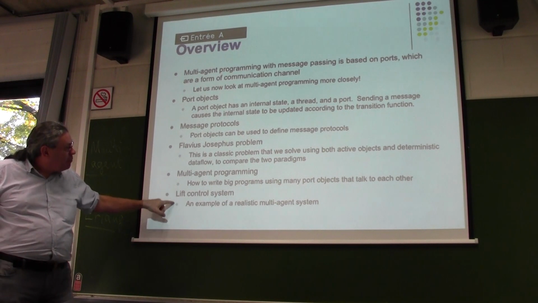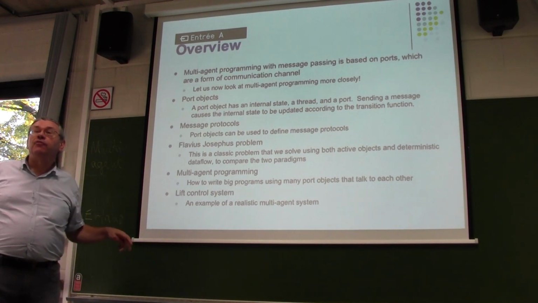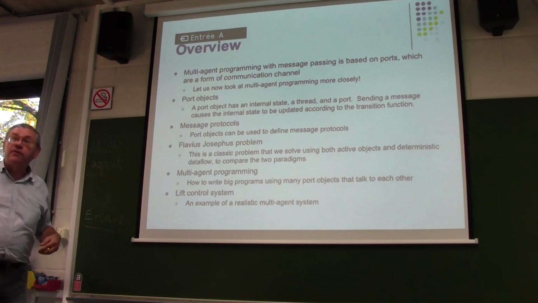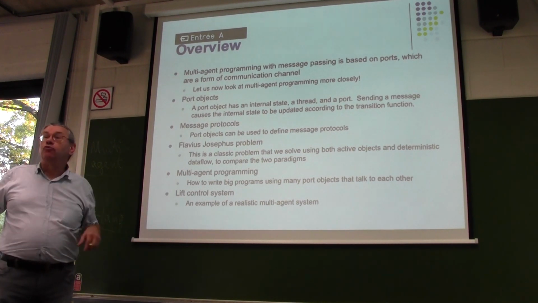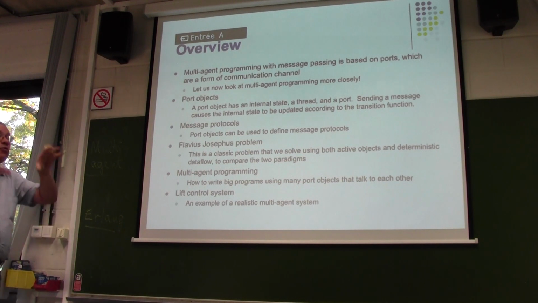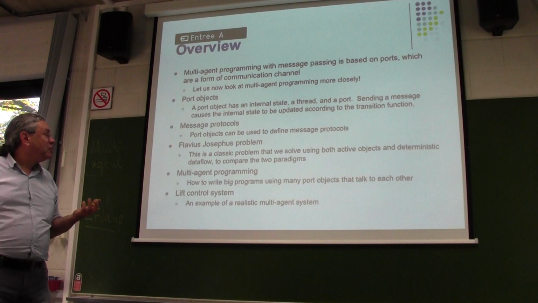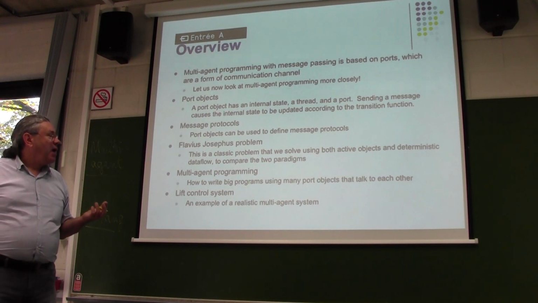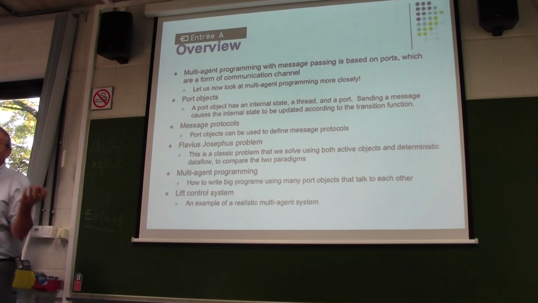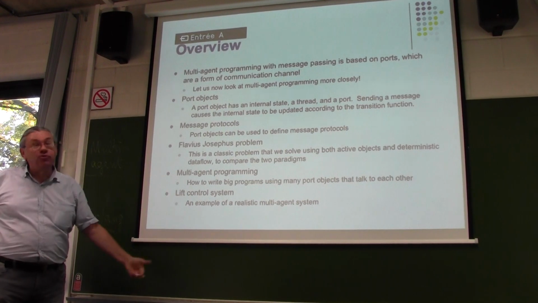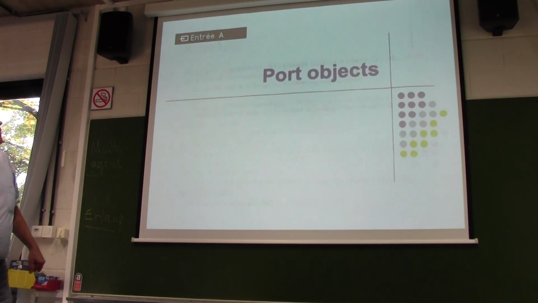And the big example we're going to see is a lift, so lift or elevator control system. So many real-world control systems controlling complex real-world devices are multi-agent systems. And they sometimes are well-written, sometimes are not well-written, but I'll show you how to do a realistic multi-agent, and then we'll talk about Erlang, okay?